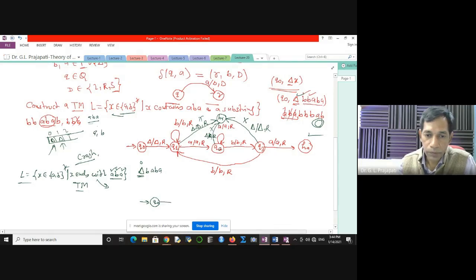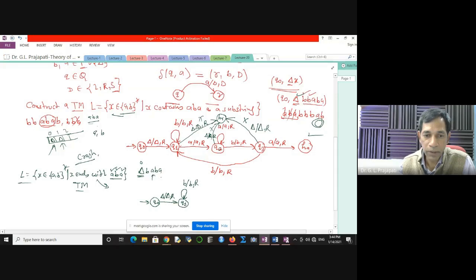So from Q0 you have the blank, replace with blank and go to the right. Once you are at the next state, if you have B, you can remain in the same place, because you are interested in the ABA pattern. So B, replaced with B, go to the right.